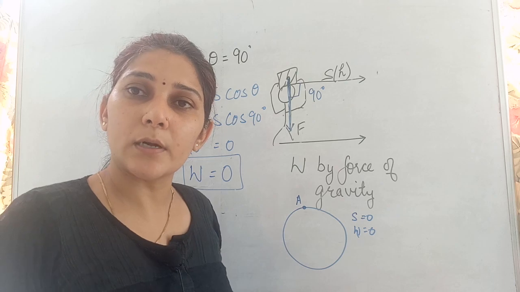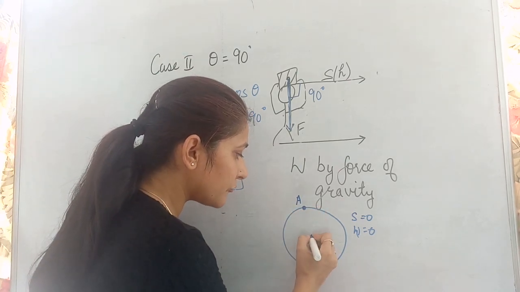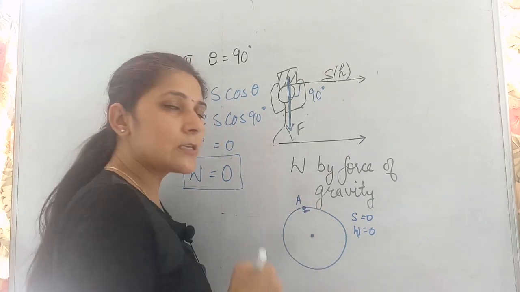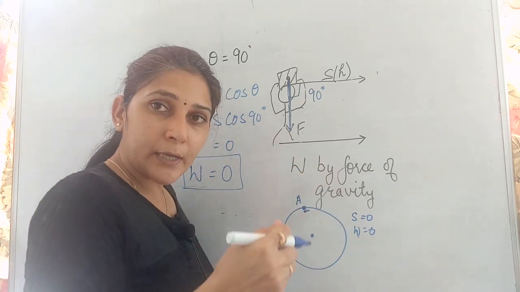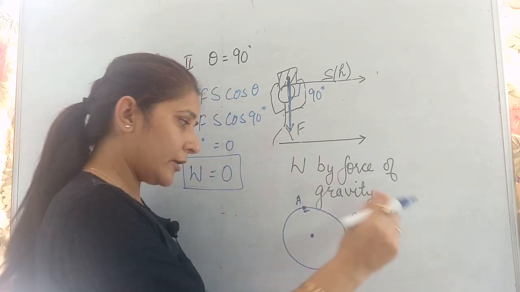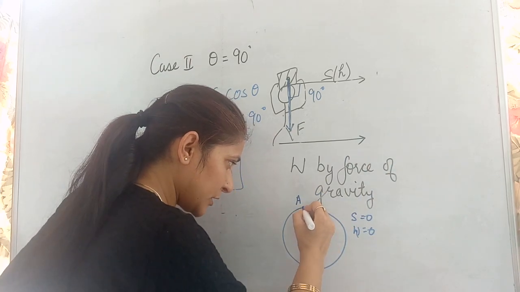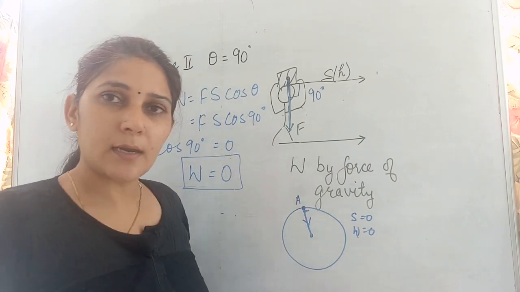How can you calculate? We are aware that when we are talking about a circular path, a force is exerted onto the particle. Suppose a particle A is moving in the circular path, or you tied a stone A with a string and you are whirling it in the circular path. So this is the tension created in the string, and it is acting towards the center of the circle.